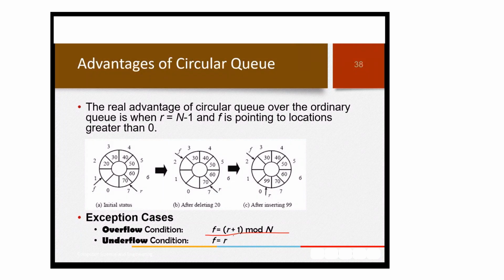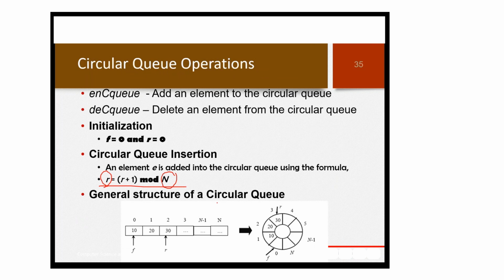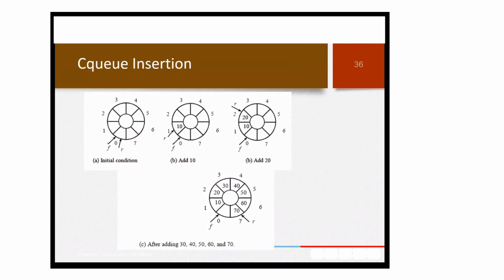So that will give you an address where the element is available. So that's exactly what is explained here, that starting from the initial condition, in this case, F and R point to 0. And if you want to insert a new element 10, then R equal to R plus 1 mod n. So here n is 8, right? So that is the maximum.